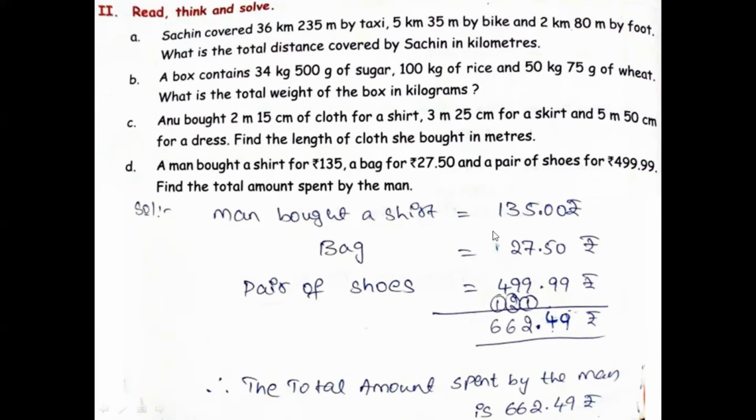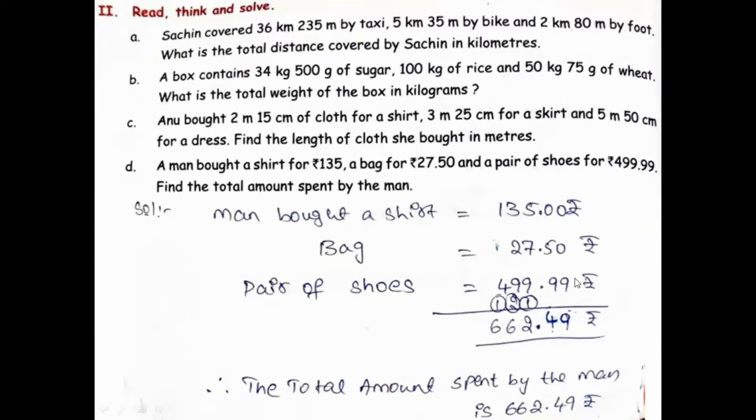Next, bag for 27.50. For 135, only the whole part is there. For the bag we have 27.50. Now we should add two decimal places, that is 00. So 135.00. Next, bag 27.50 rupees. Pair of shoes 499.99 rupees. So now add it.